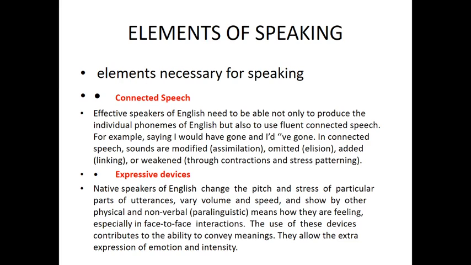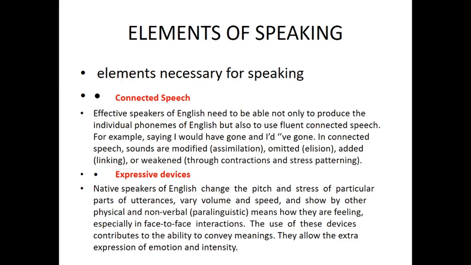Elements of speaking and necessary for speaking are, first one, connected speech. So what is connected speech? Effective speakers of English need to be able not only to produce the individual phonemes of English but also to use fluent connected speech.